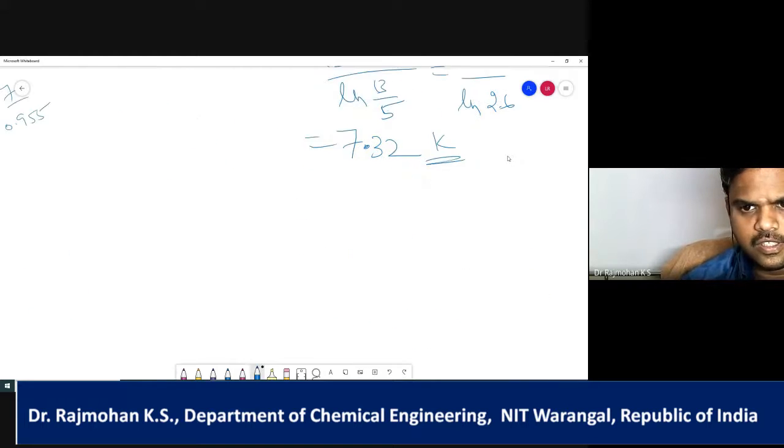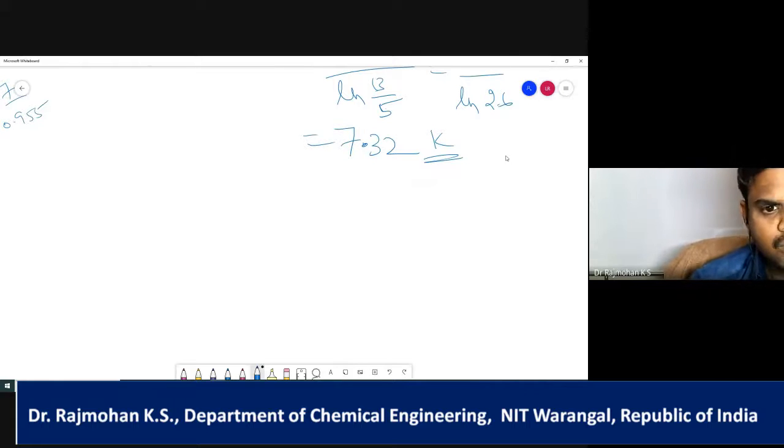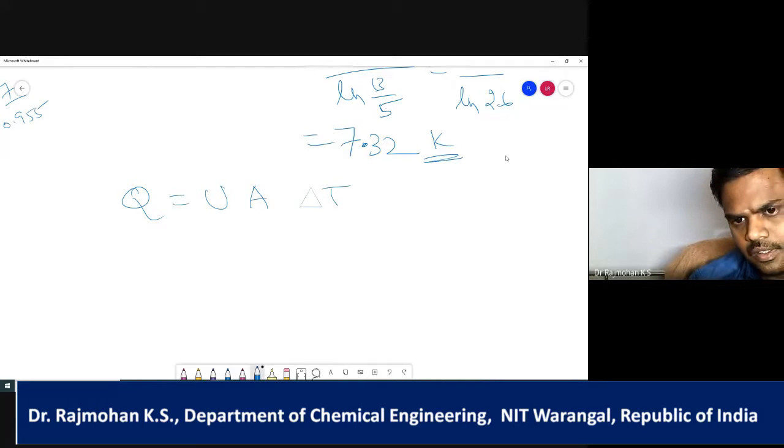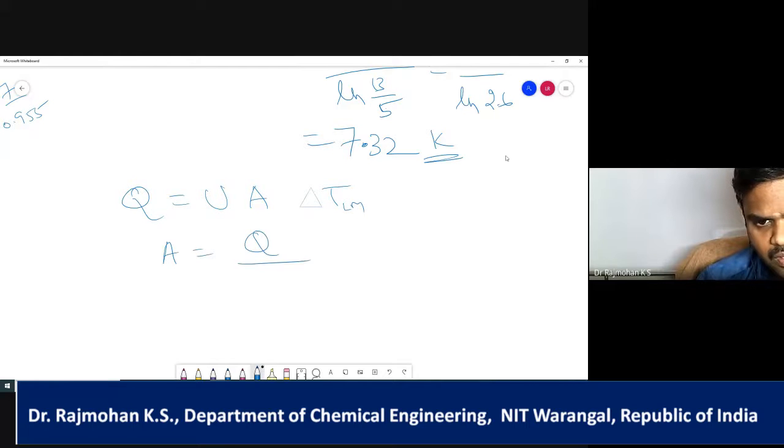So what is our heat transfer area? Q is equal to U A delta T logarithmic mean, where U is the overall heat transfer coefficient. In this problem, you can find out the area if Q by U delta T logarithmic mean is substituted. The Q value we have determined.